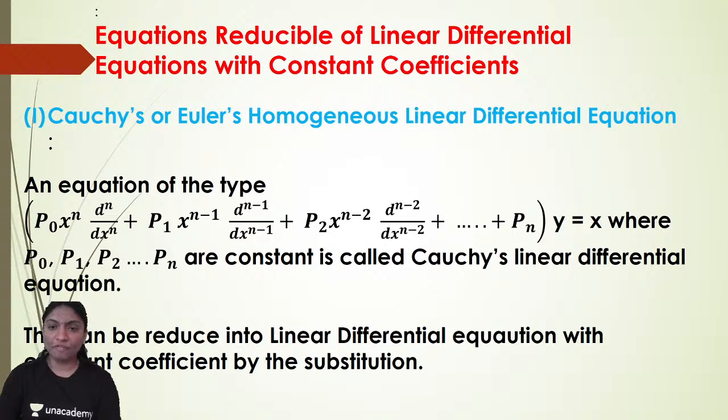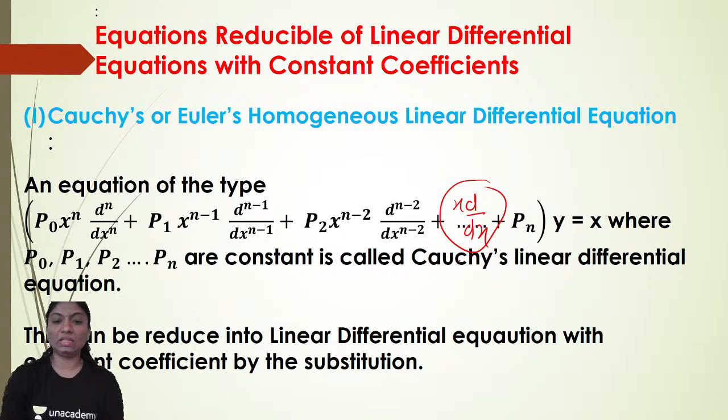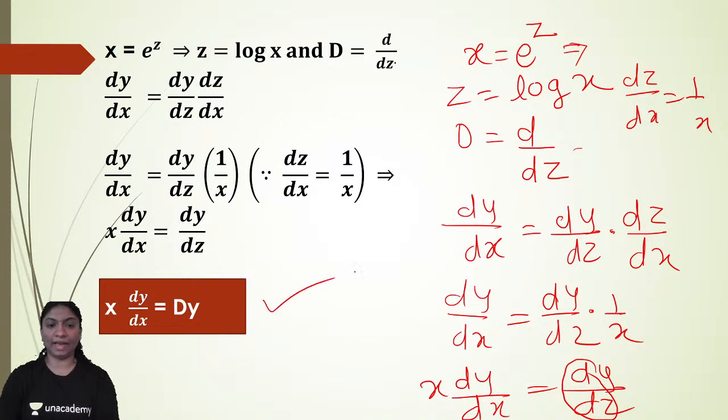Now you see, wherever there is x into dy by dx, in the previous case, the second last case of this differential equation, x dy by dx, we can use here D into y directly, we will do the substitution. x into dy by dx is equal to D into y. Now differentiating again, you will get d2y by dx square.